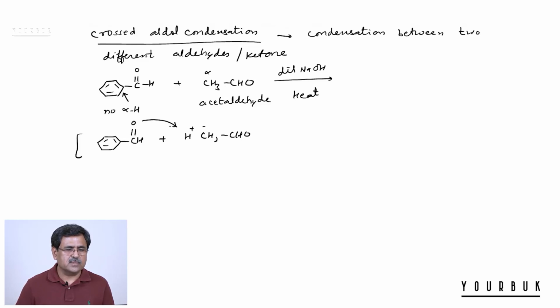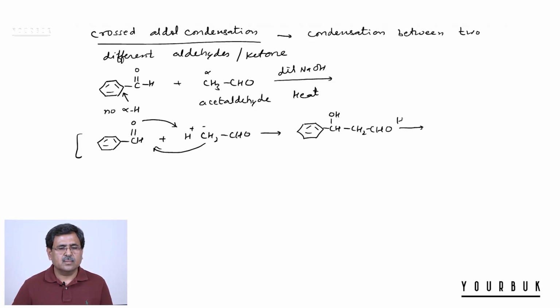Nucleophilic addition takes place. It gives an aldol. And this aldol on heating gives a double bond between the alpha and beta carbon. So this is our final product.